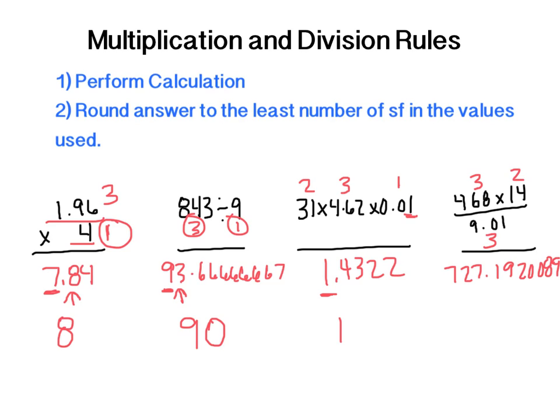So we want 2 significant figures in our answer. That's going to be these two, the first non-zero number and the next one. We look at this one to determine whether we round up or not. We do, and the answer to this is 730, or 7.3 times 10 to the second. And that's how we do multiplication and division each time.